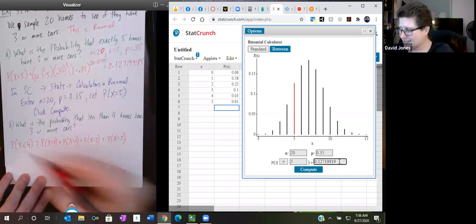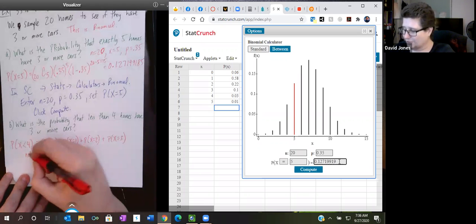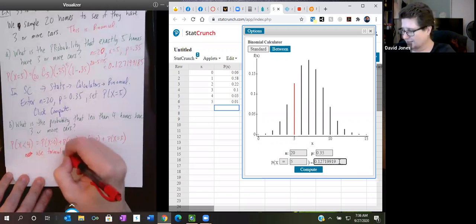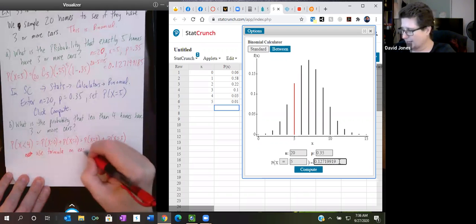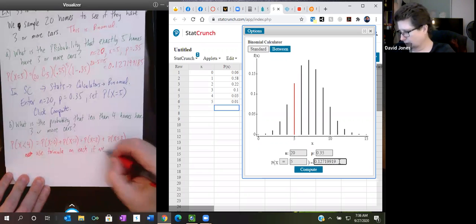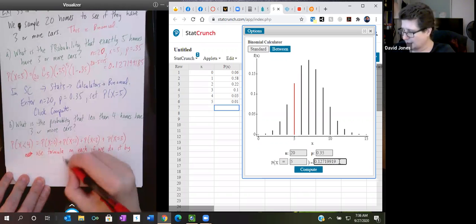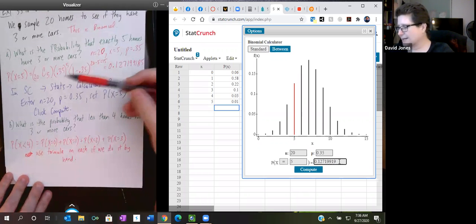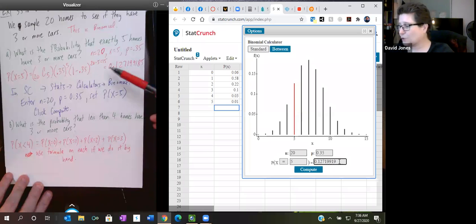And we have to use the formula on each if we do it by hand. So I would do x equals 0, x equals 1, x equals 2, x equals 3 in this formula.